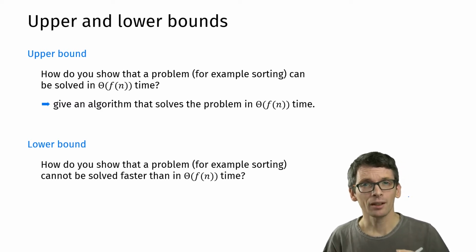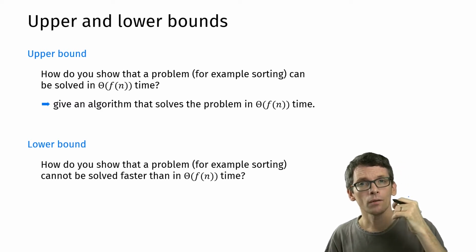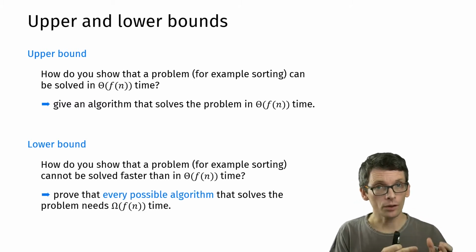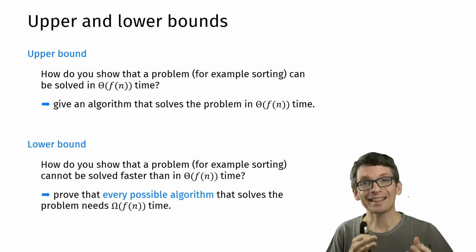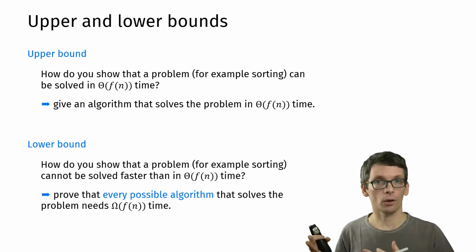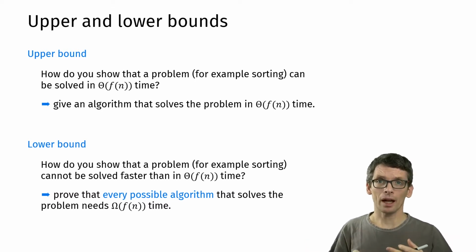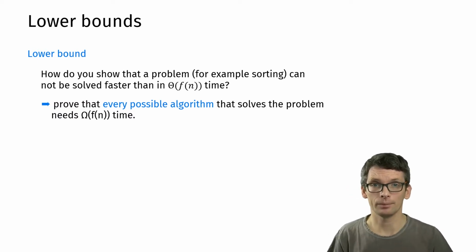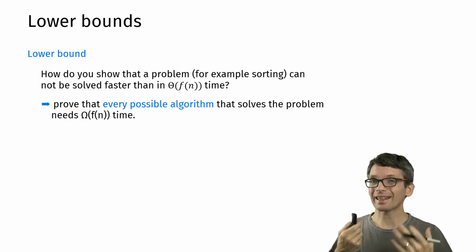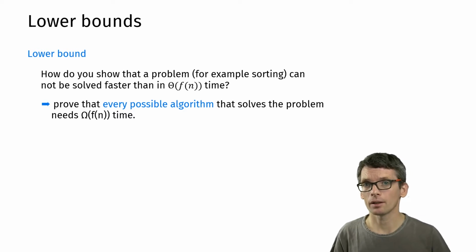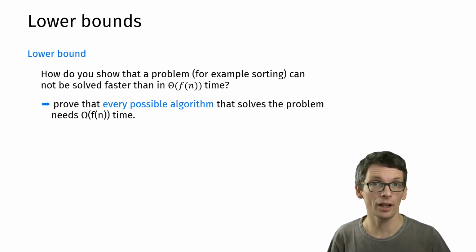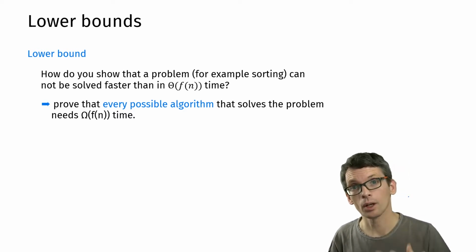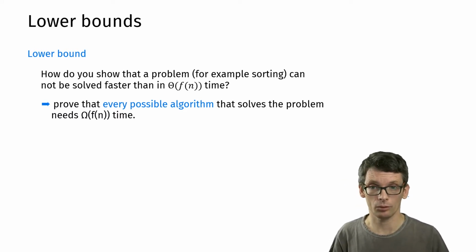For that, we have to prove for every algorithm that solves the problem that it runs in at least order f of n time. So we have to argue about the set of all algorithms, and there we have to be careful. Because what is an algorithm? That's a question that we essentially also need to answer when we want to prove something about every algorithm.